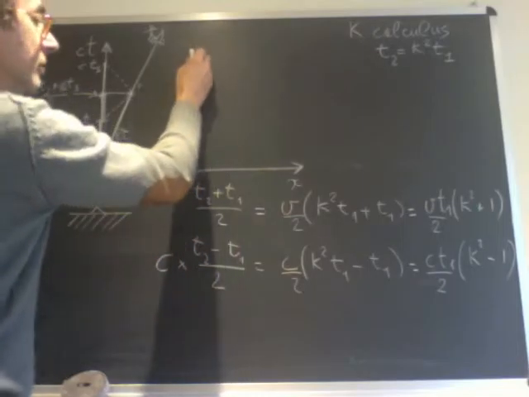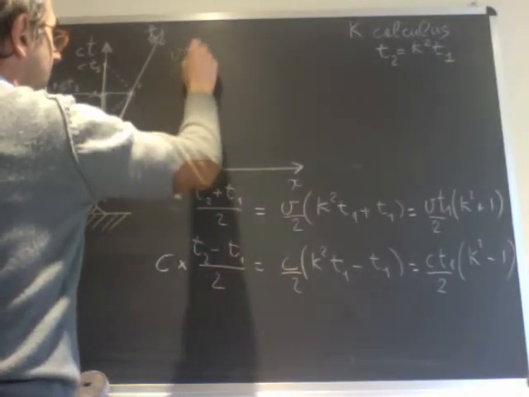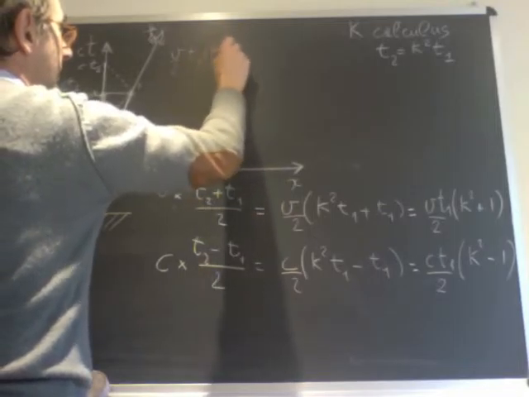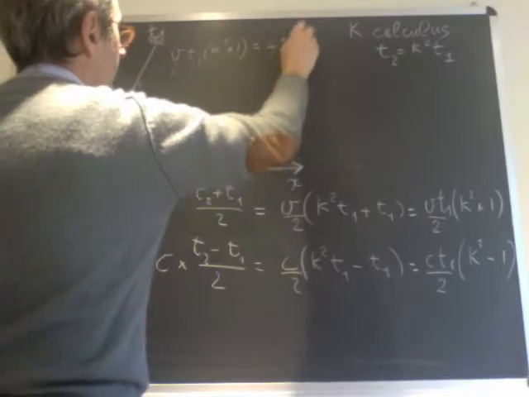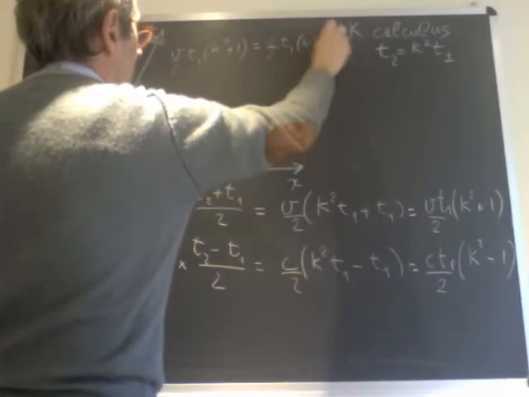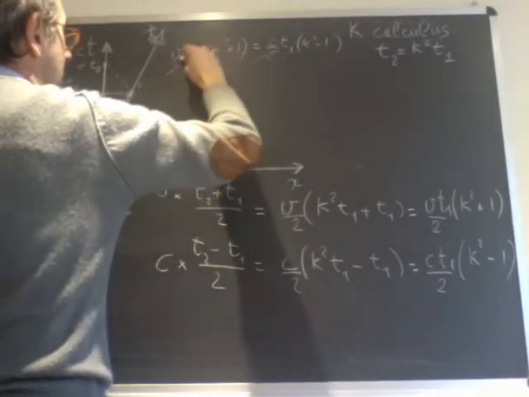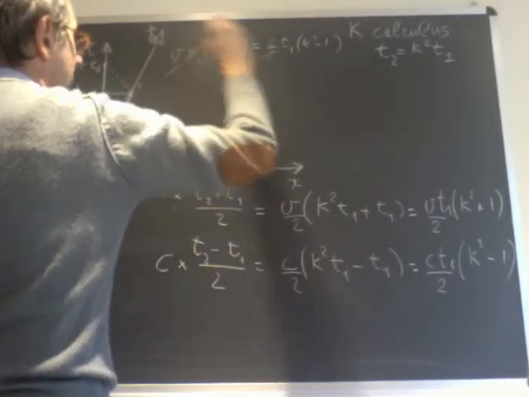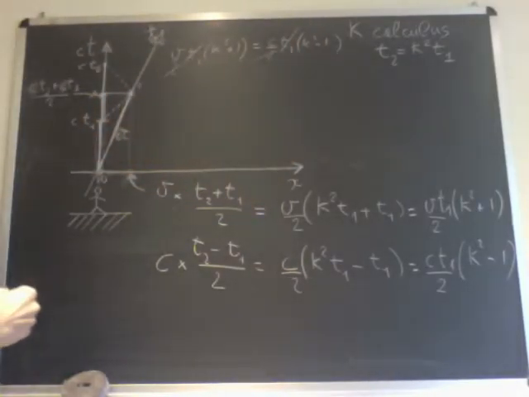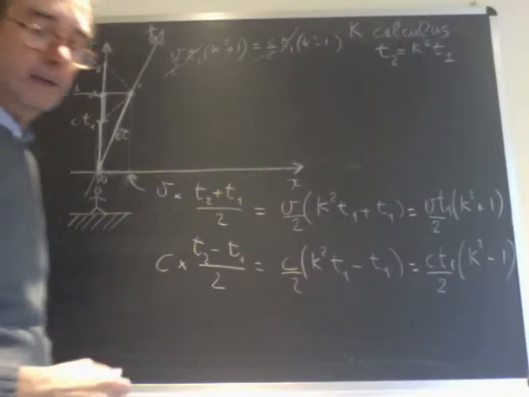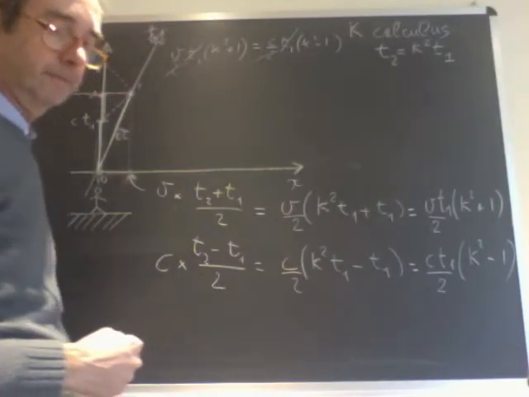Okay, equating the two equations, I've got v over 2 t1 times k squared plus 1 equal to c over 2 t1 times k squared minus 1. Okay, let's simplify. I can erase t1 in both members, and what I get is just a very simple equation.